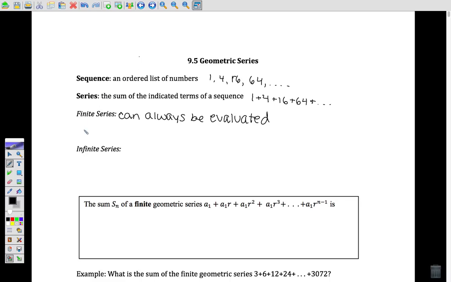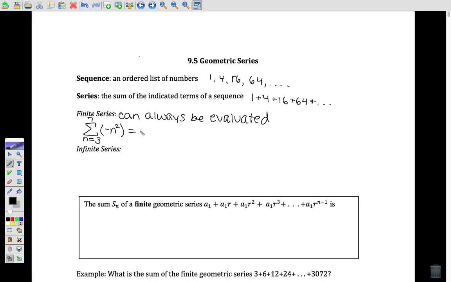For example, a reminder of summation notation. We draw the sigma, we say the lower limit is 3, the upper limit is 7, and then we write our explicit formula, say it's -n squared. That means the sum would be all the terms from the third term to the seventh term of this sequence.